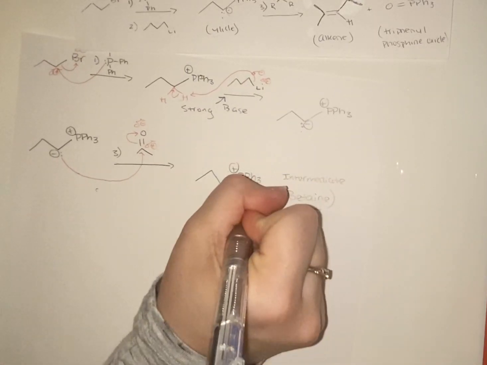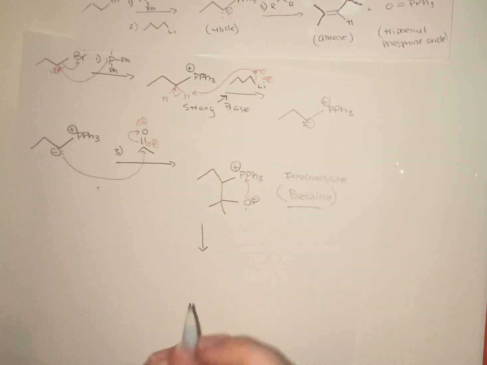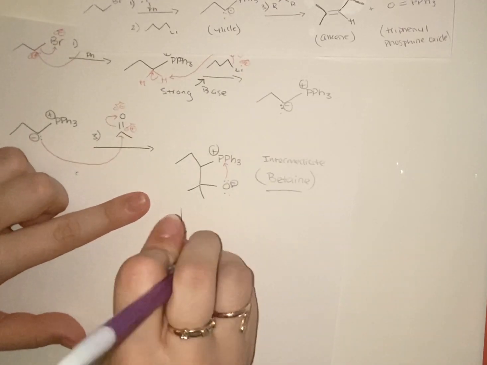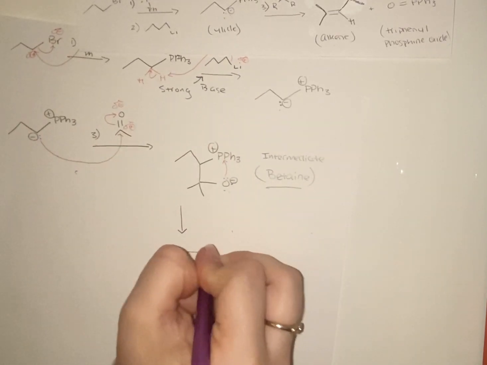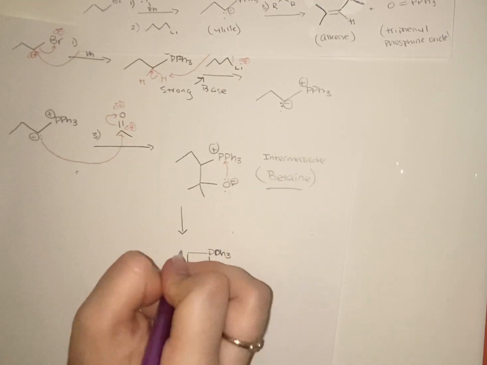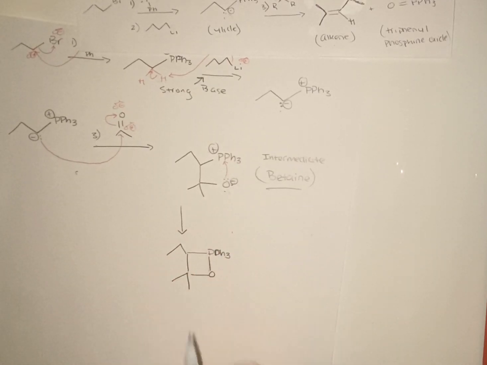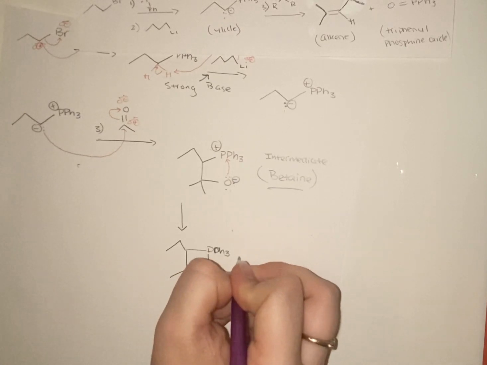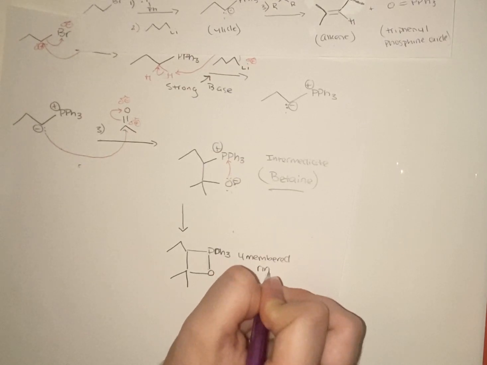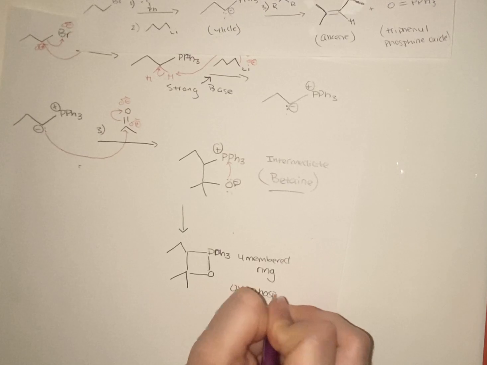So the oxygen lone pair will attack the phosphorus, and then you will receive the four-membered ring. And then the charges will be neutral. You will receive the four-membered ring, which is also known as the oxaphosphetane.